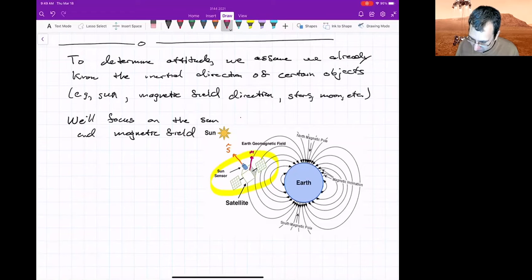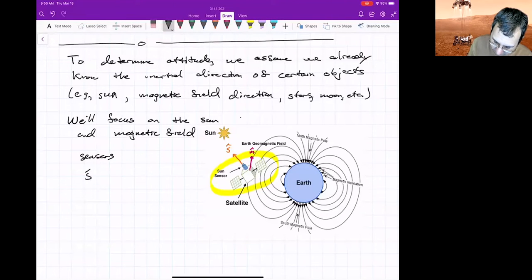So here's the local magnetic field. And if we have a good model of what the magnetic field should be at that location in our orbit, then we're good to go. With sensors, we would get S hat in the body fixed frame and also the magnetic field in the body fixed frame.